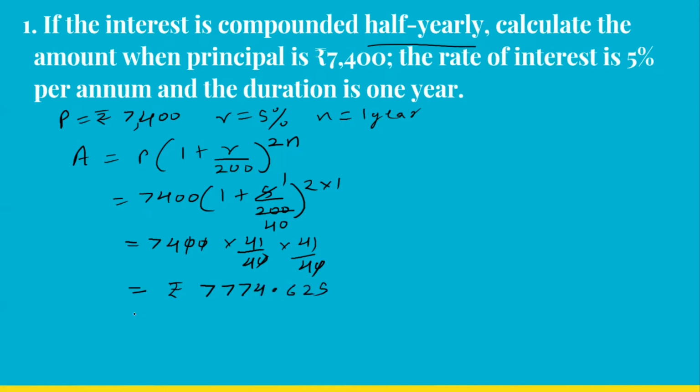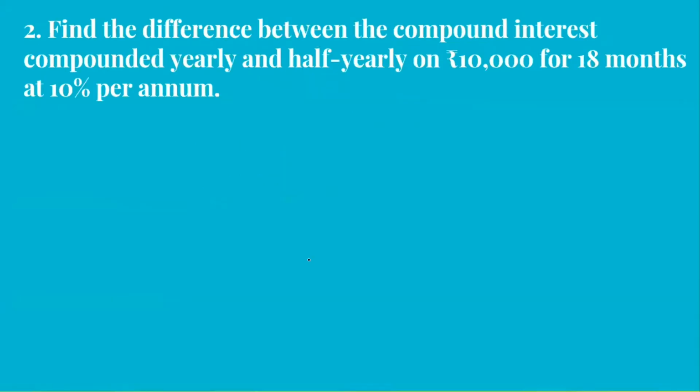When we round off to 2 decimal places, as rupees and paise are rounded to 2 decimal places, we get 7,774 rupees and 63 paise as the amount that we get for 1 year when the interest is compounded half yearly. Okay, let's move on to question number 2.